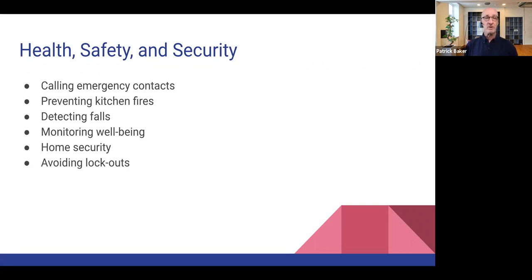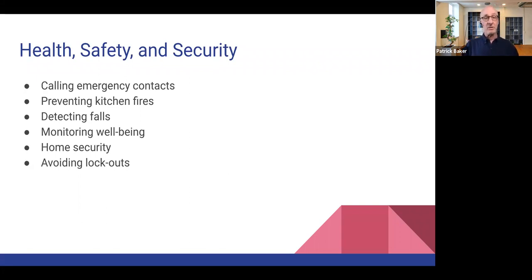Preventing kitchen fires. There are devices that you can install. Either they can be wired into the range in the kitchen, or it can just be a smart plug that is configured to use the 220 volt power that your range, your oven and stove will use.